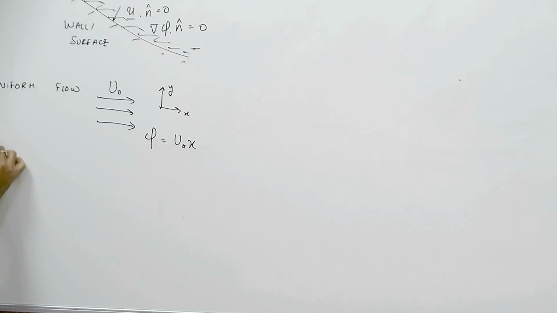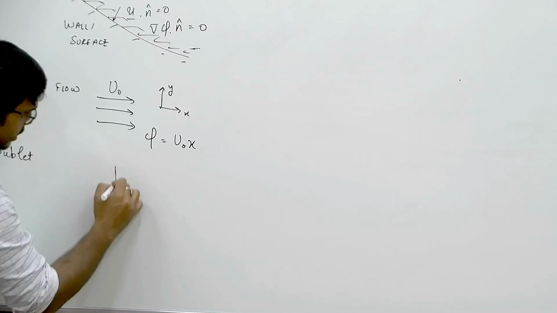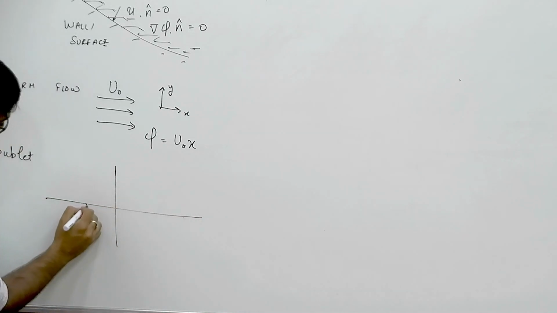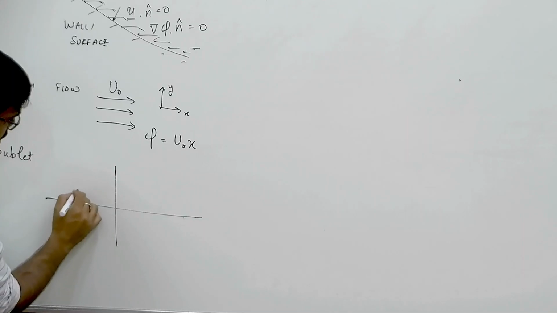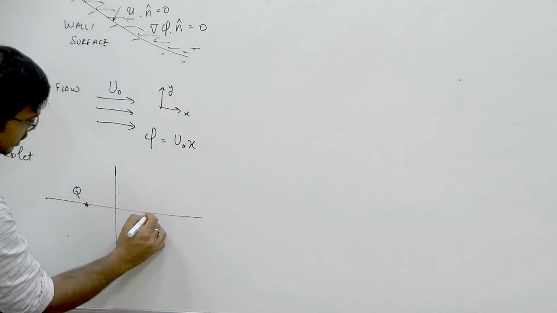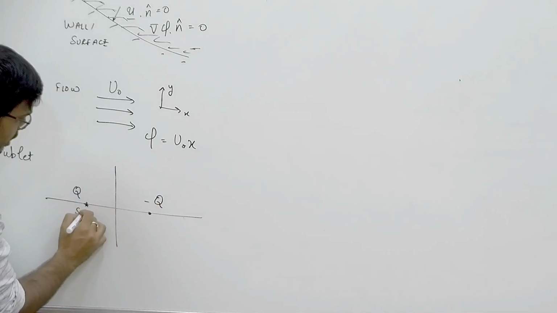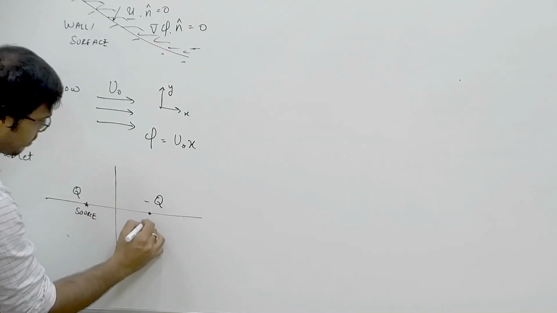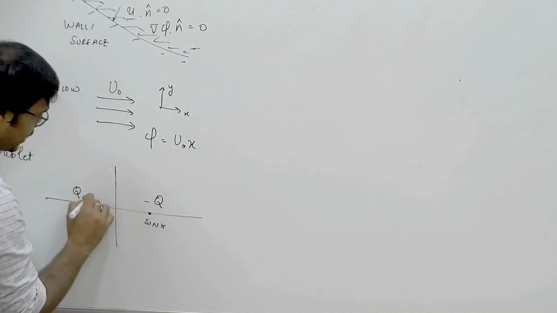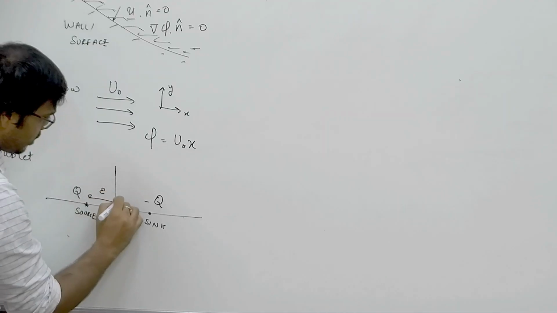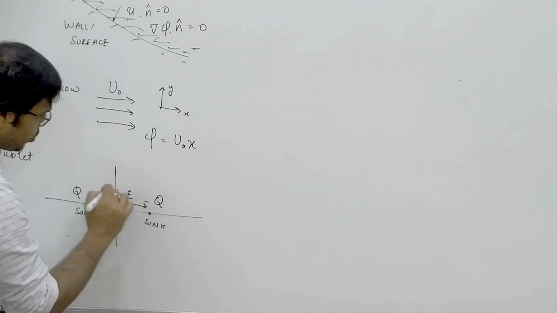Okay, then you may remember something like a doublet where, let's say there is a source here of strength plus q and a source here of strength minus q. So this is a source, this is a sink, and they are separated by this distance 2 epsilon.